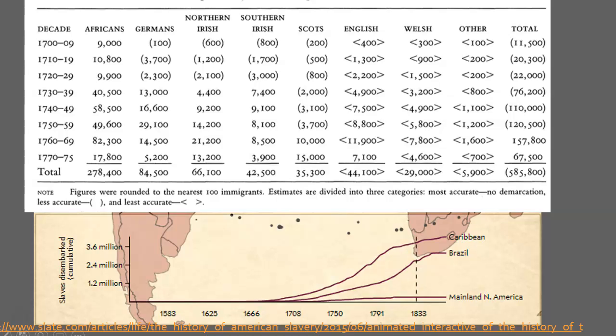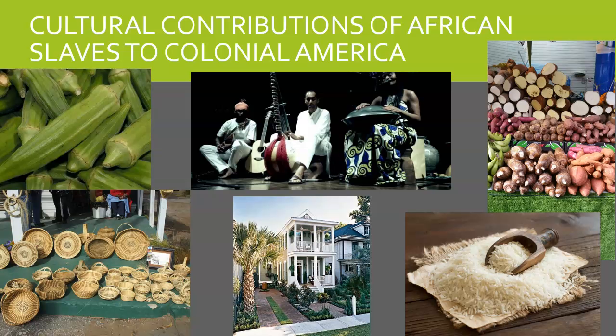And by 1770, you have almost 18,000 coming in, for a total of almost 280,000 slaves by that time. There is a really neat interactive map that shows the history of the American slaves. I will try to share that link in class, but that's what you're seeing at the bottom. It shows where all of these slaves go and how the population increases as time goes by.